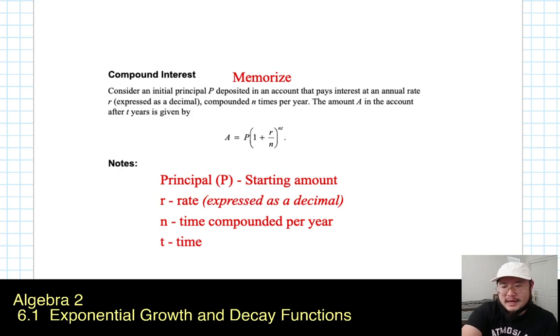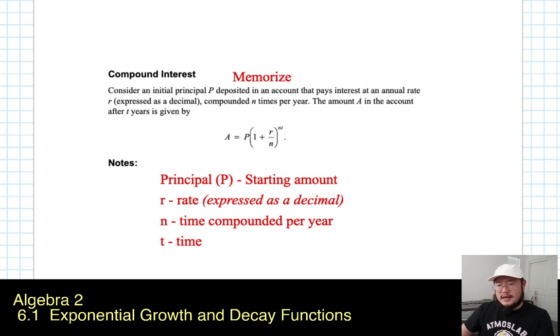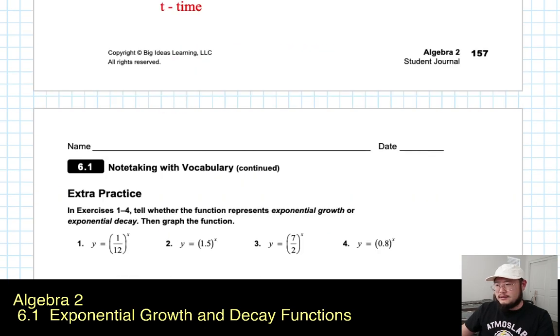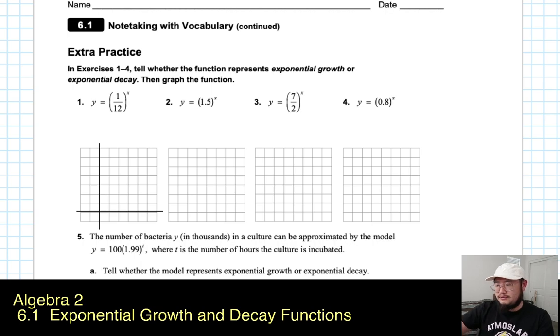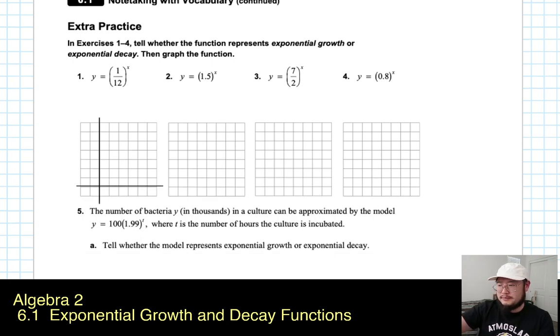All right, that's when we take a look at compound interest. So let's go ahead and take a look at some of these functions and figure out what all of this means. Right here on number 1, it says tell whether the function represents exponential growth or decay. Remember, it is your b value that will help us understand that. So what is the b value?